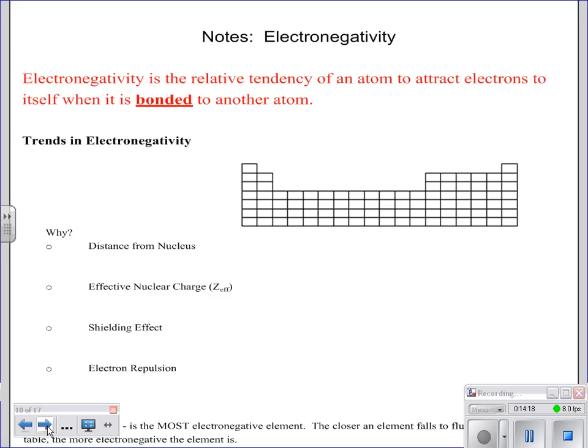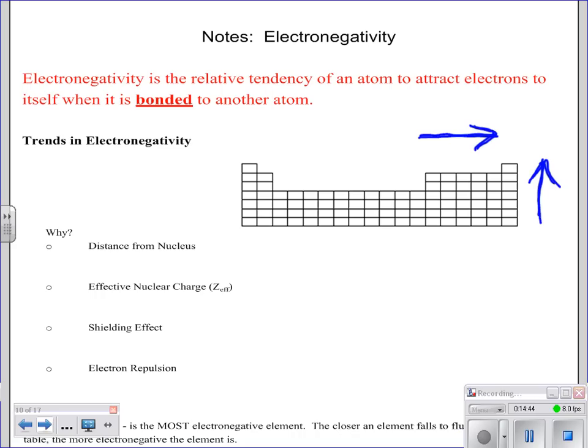So even though we're talking about gaining electrons instead of losing, we see it's the exact same trend because it's kind of like a double negative. Instead of energy required, it's ability to. Instead of losing electrons, it's gaining electrons. So because of that, we see the exact same trend that we saw with ionization energy.